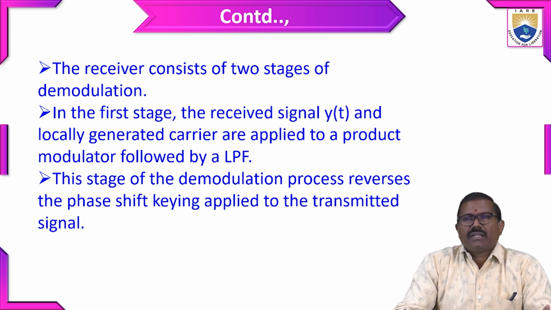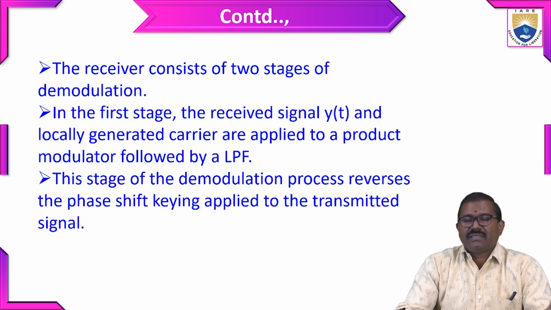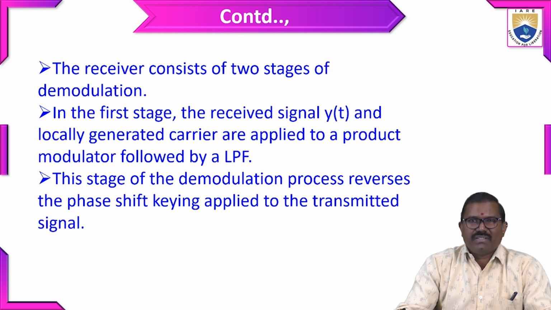Coming to the receiver, it consists of two stages of demodulation, again as in the transmitter. In the first stage, the received signal y(t) and a locally generated carrier are applied to a coherent modulator followed by an LPF, a low pass filter. This stage of the demodulation process reverses the phase shift keying applied to the transmitted signal. Why?